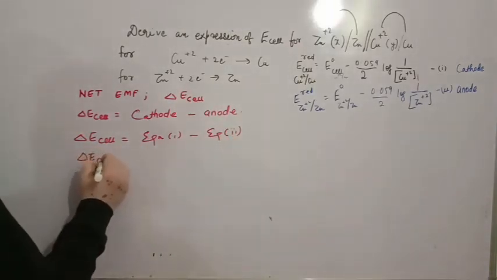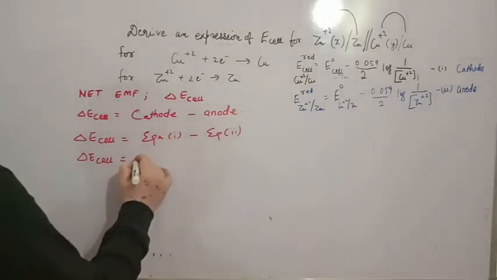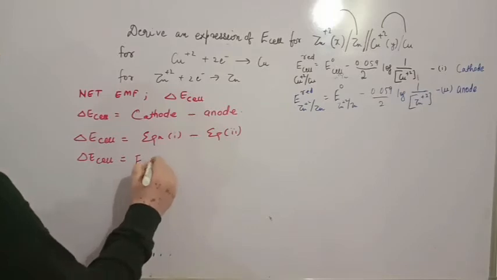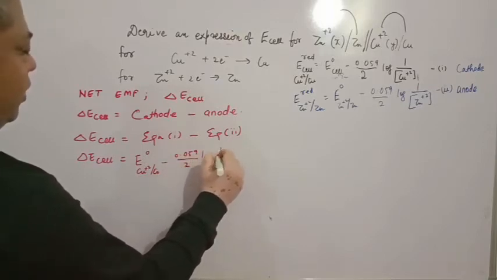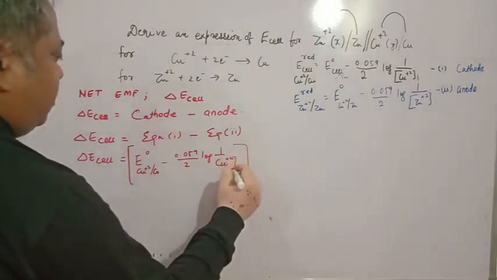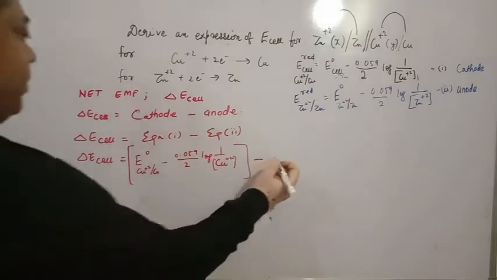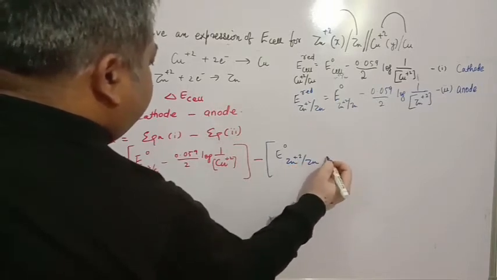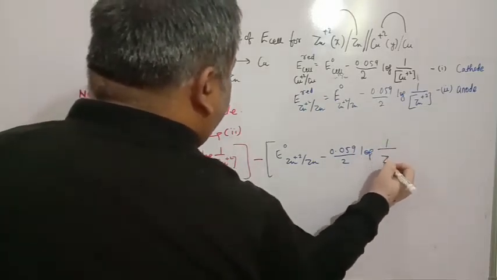So E cell will be equal to, we'll write cathode as it is, E standard Cu2+ Cu minus 0.059 by 2 log 1 by Cu2+, minus E Zn2+ Zn minus 0.059 by 2 log 1 by Zn2+.